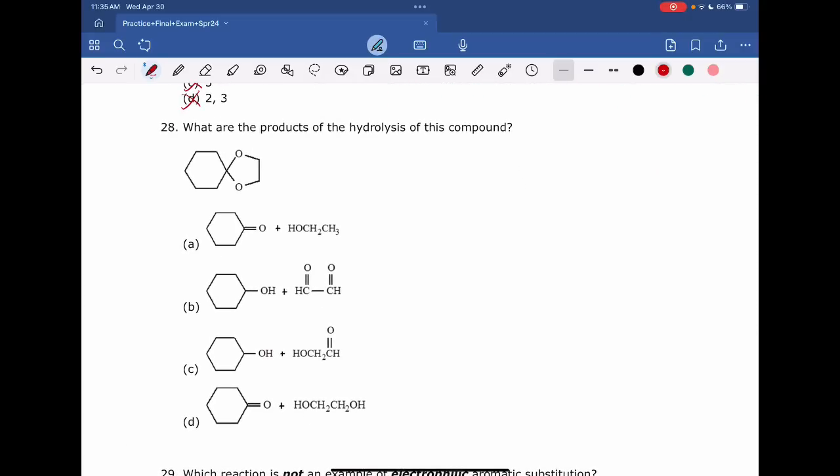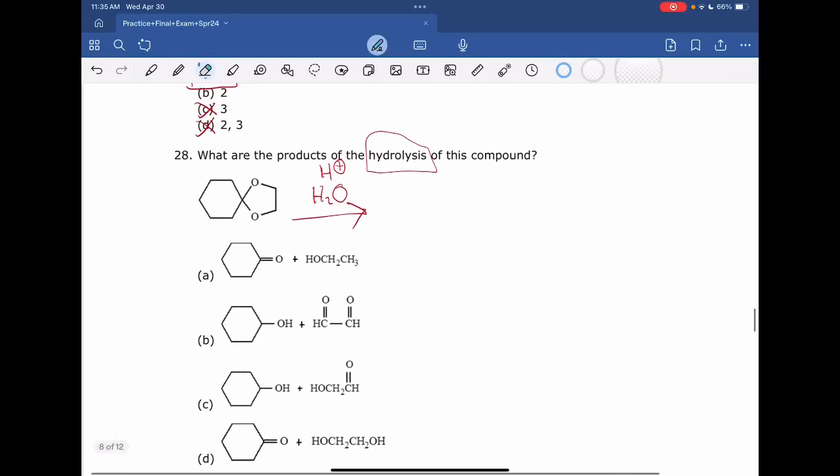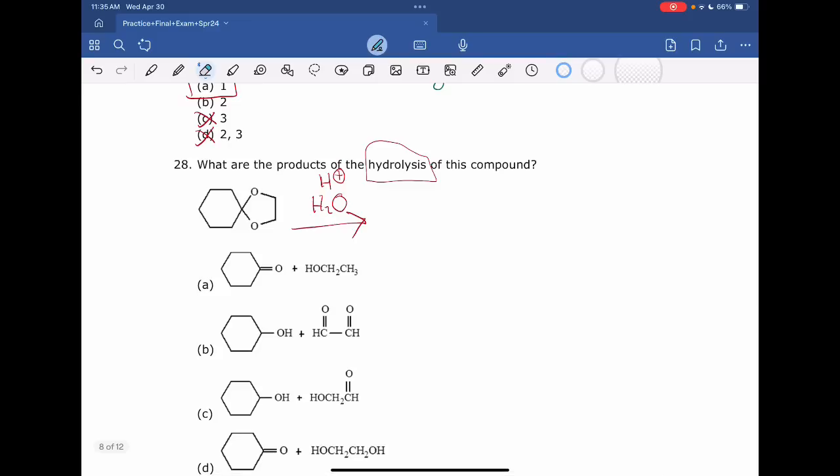Okay, hydrolysis means reacting with water. So we're going to add water and some acid catalyst. So what happens here? This looks to me like a protecting group. When we want to protect something, we remove water. We start at some molecule and then we react with acid and remove water.